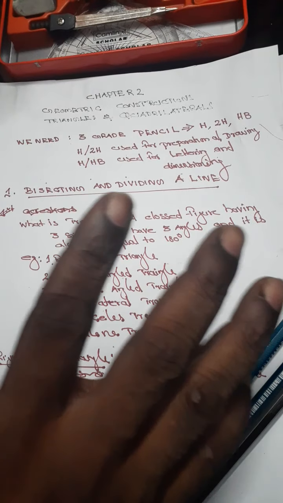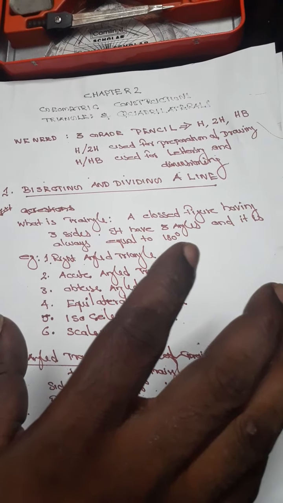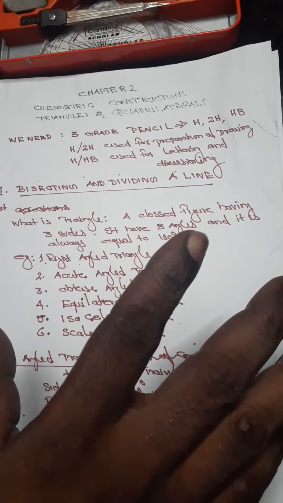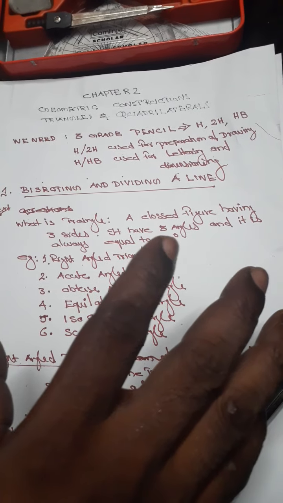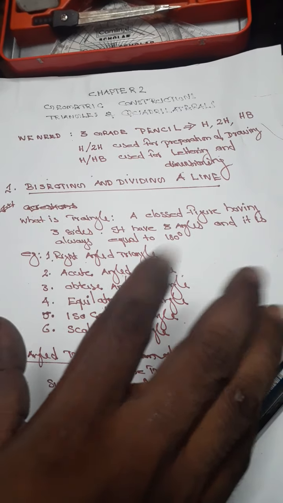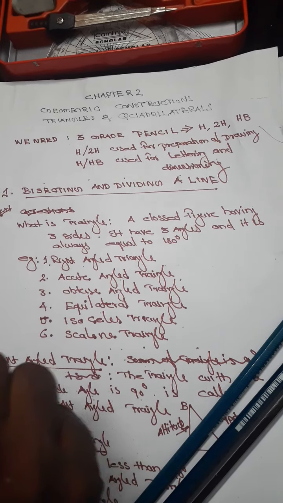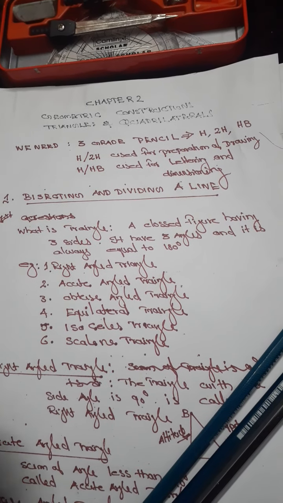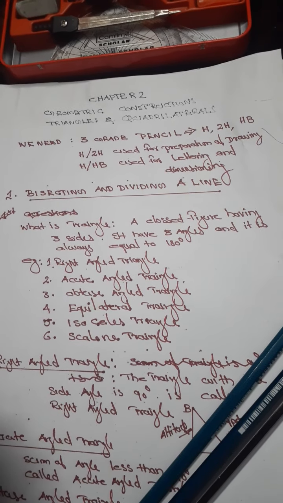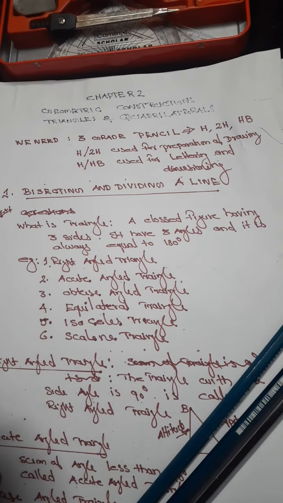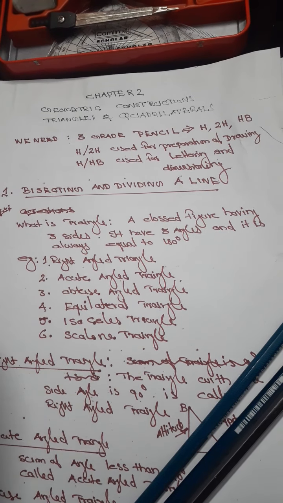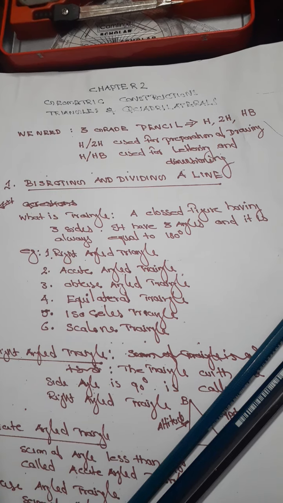First, we have to go through the types of triangles. We can once again define a triangle as a closed figure whose angle sum is 180 degrees.